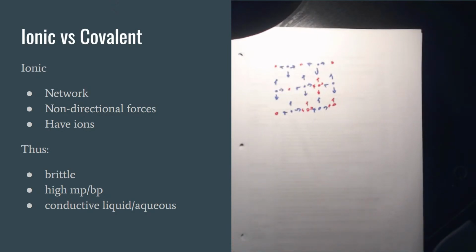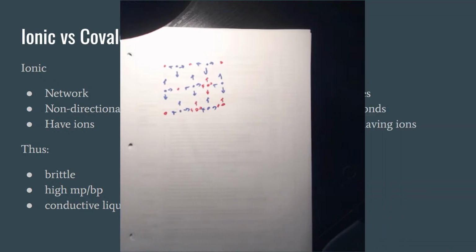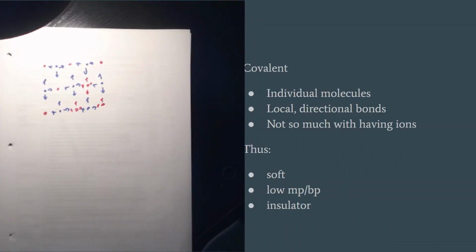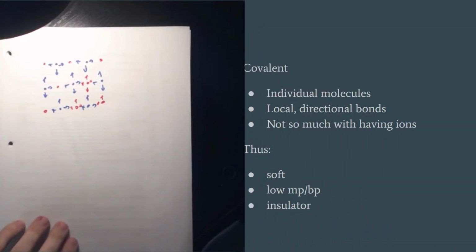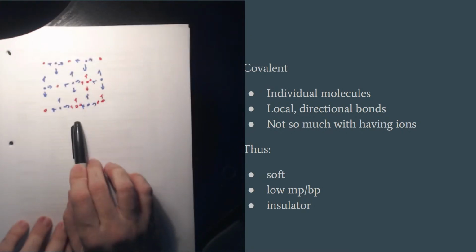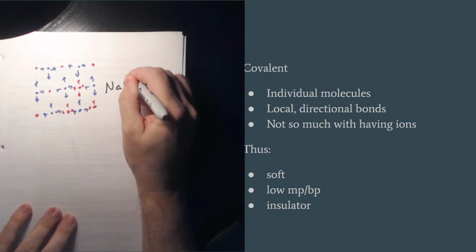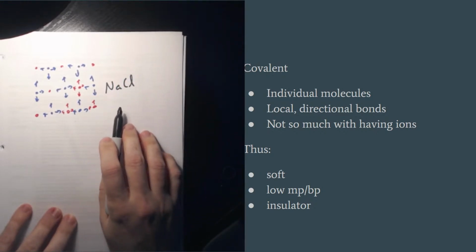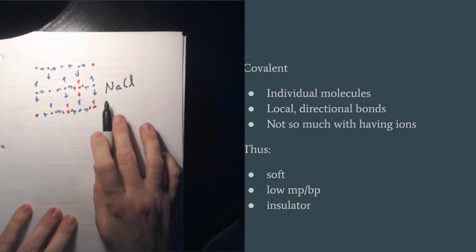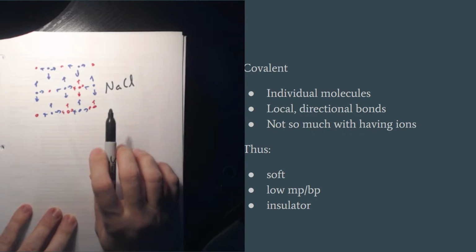Contrast that with your covalent compound. Okay? Covalent compound is made of these individual molecules, where an ionic compound, if this was sodium chloride, that chemical formula only represents the ratio between sodium and chlorine.